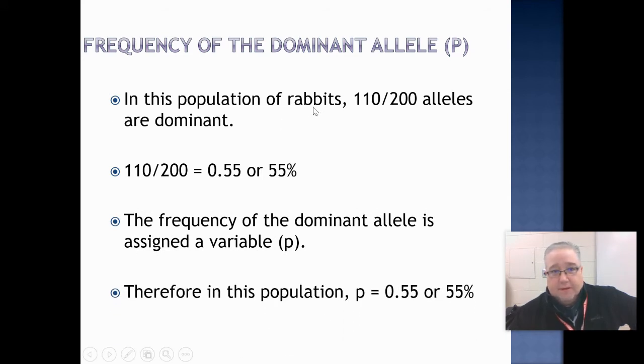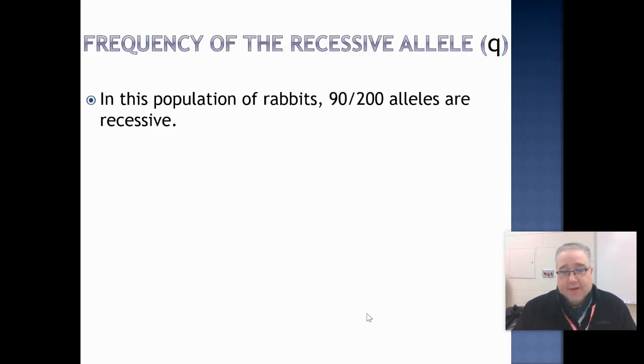So remember, if you have a certain population or a population sample, as long as you know how many dominant alleles there are in the gene pool, and you know how many total alleles there are in the gene pool, then you can figure out the frequency of the dominant allele. And you can do the same thing with the frequency of the recessive allele, right?